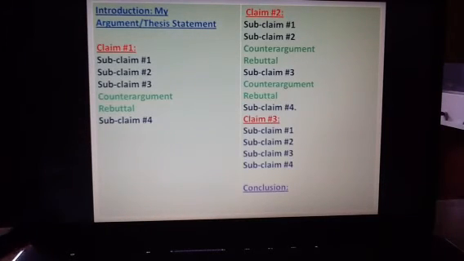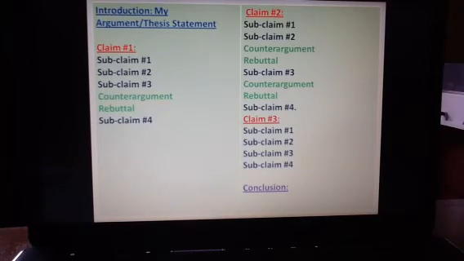Notice in this case, I have 3 points in this paper where I'm going to introduce a counter-argument and rebuttal. Remember, this is not an extra thing you have to do. This is an actual writing strategy to help you articulate your point and prove your argument or your thesis, right?